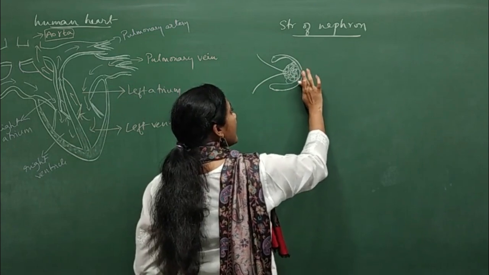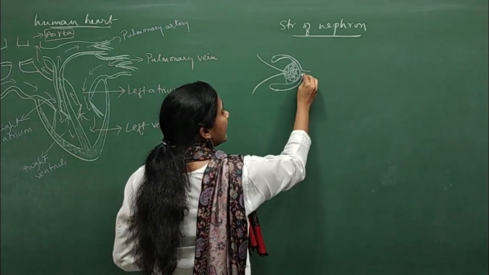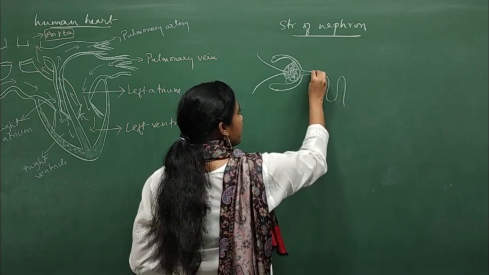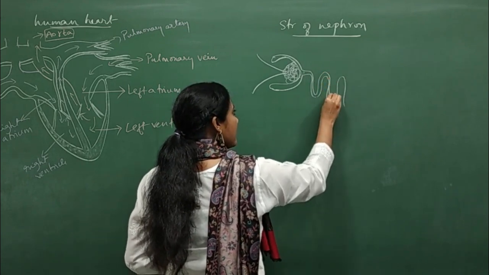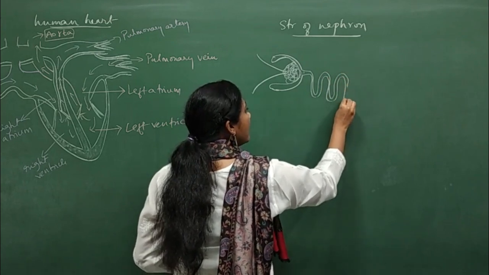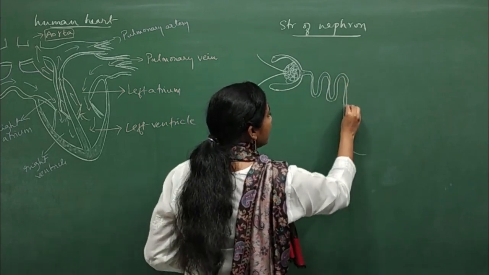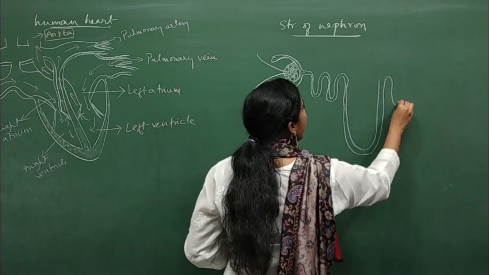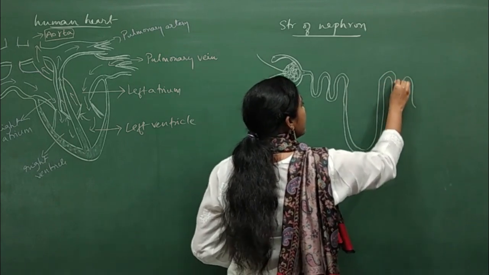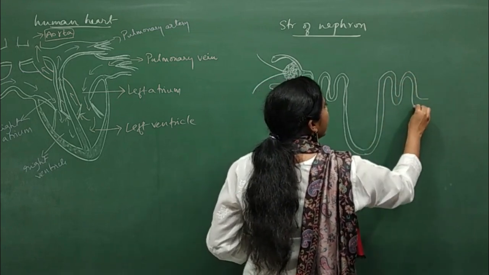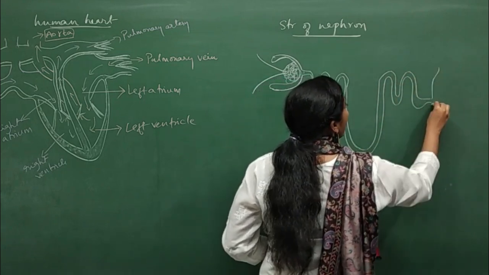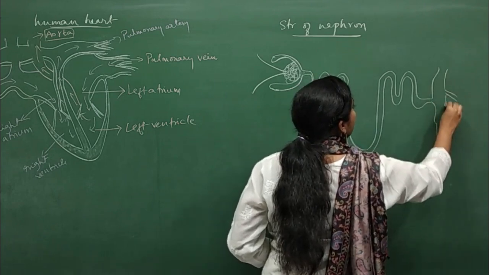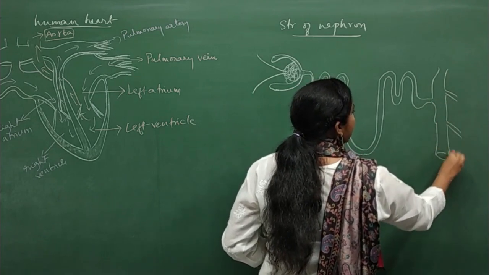And you just show curve structures something like this, right? And one curve, let it be bigger, and later again curve-type structures, right? And after this, a long pipe. Clear? This is a long pipe, the collecting duct actually.